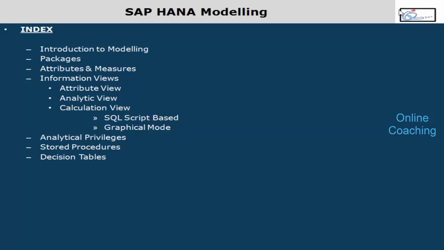In the Information Design Tool, I can create a connection to HANA, bring all the tables of HANA, then do all kinds of massaging like joining, projecting, filtering, all those options. I can do that in IDT. Then why should I do it with HANA modeling? That could be a question, right?